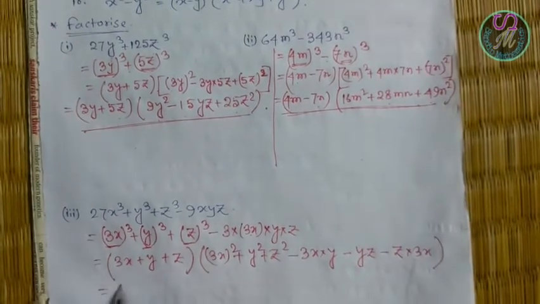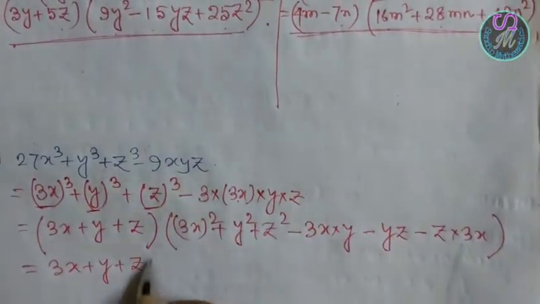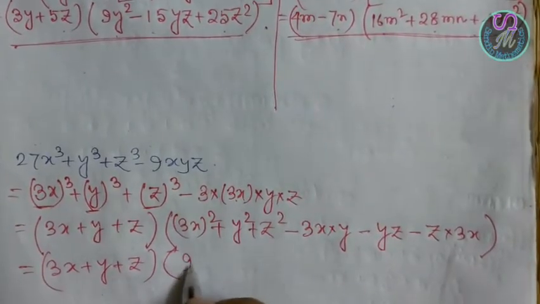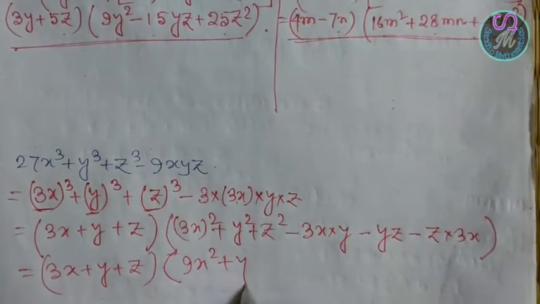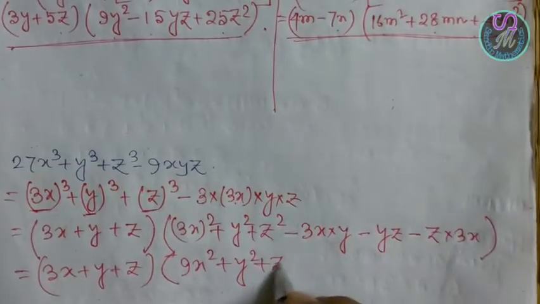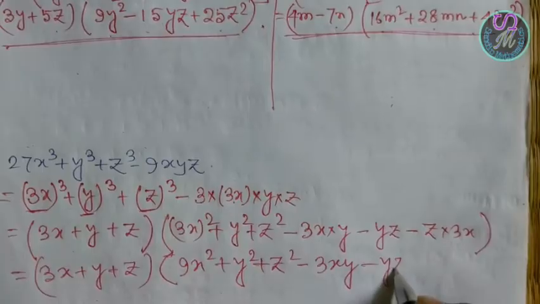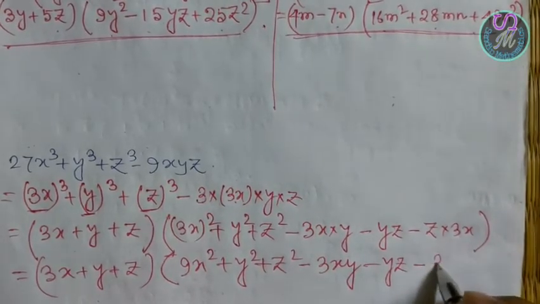So this one is 3x plus y plus z. Now we have to solve this one. 3x whole square means 9x square plus y square plus z square minus 3xy minus yz minus 3zx.